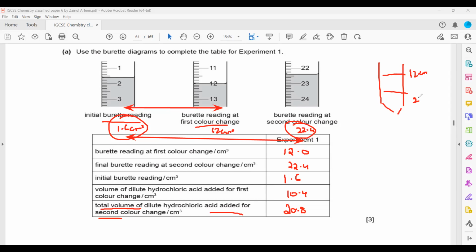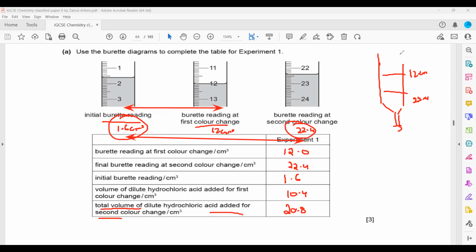The second color change happened at 22.4. But how much volume has been removed from originally? So that's why we always take from the initial value or initial reading. Is it clear, this one? Yes.